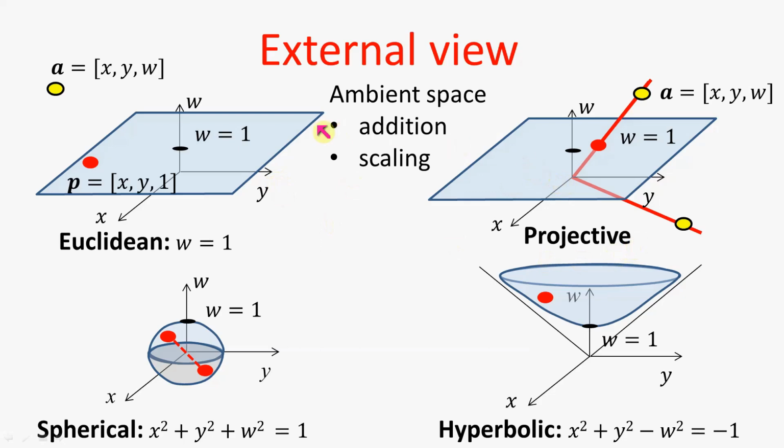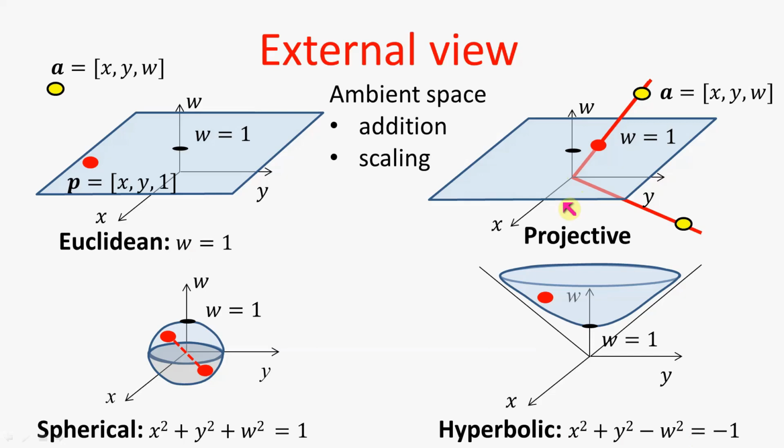The embedding is very similar to the embedding of the Euclidean geometry, but here, for the projective plane, we get rid of the extra dimension differently. Note that for Euclidean, spherical, and hyperbolic geometries, we reduce the dimension from 3 to 2 by imposing an additional equation that should be met for a point to be part of the geometry.